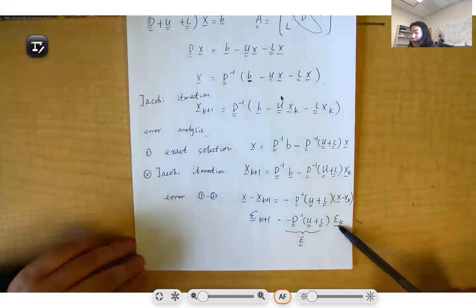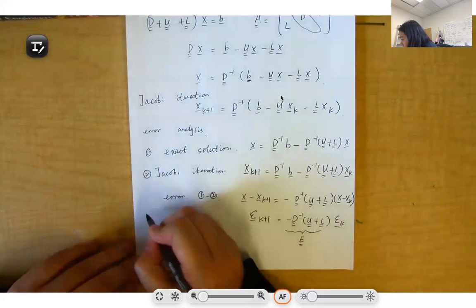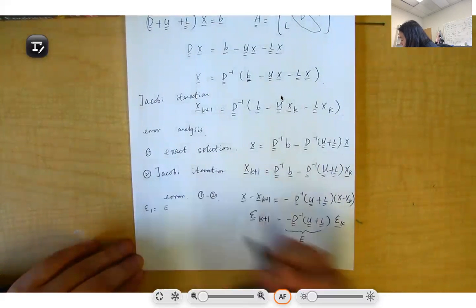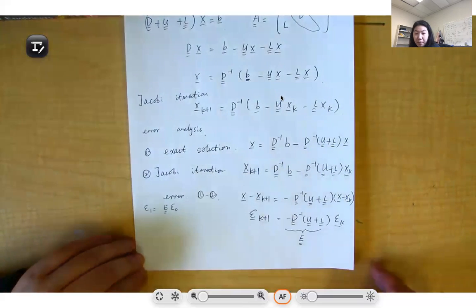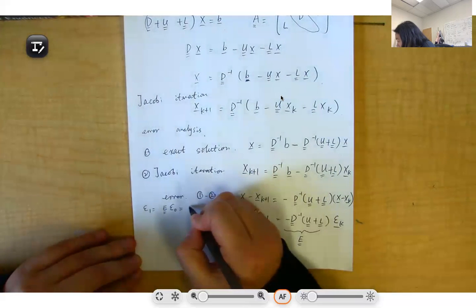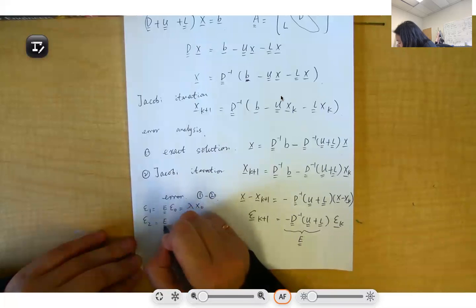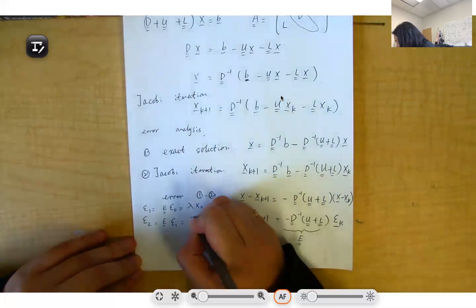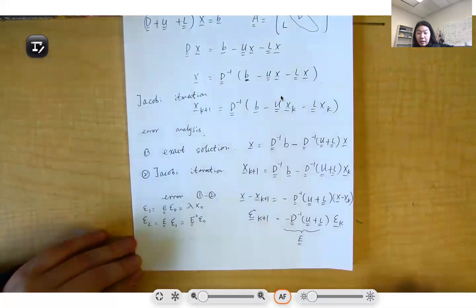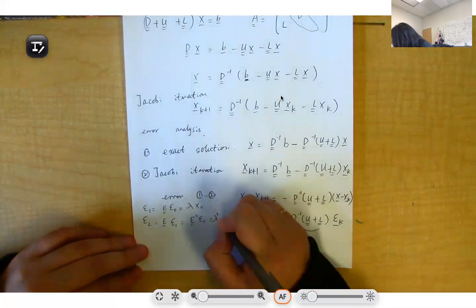And this goes to our eigenvalue, eigenvector problem. You can think of error 1 as equal to this E times the error at step 0, which leads to eigenvalue times the step 0 error. Error 2 equals E times error 1, which equals E squared times error 0, that is lambda squared times error 0.